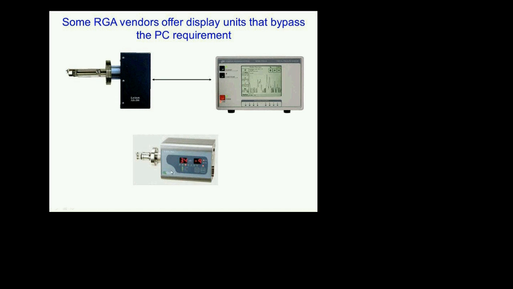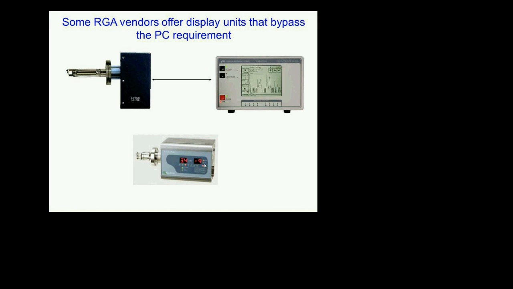I also like very much, there is one product out there right now that also includes in the ECU itself the ability to display some important partial pressures such as helium, water, air, so that you can use the device without any computer requirement to monitor some of the important species that might be in your vacuum system.